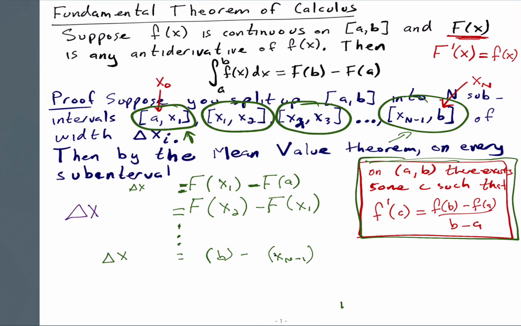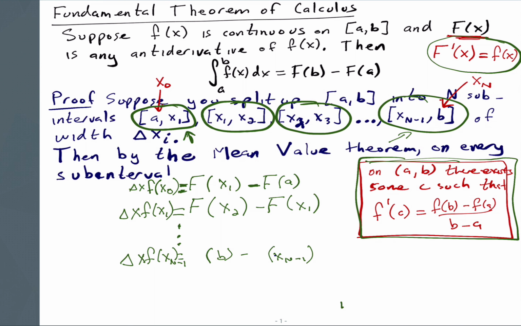But what is big F prime? That's a little f, right? Remember, capital F is the antiderivative. So if I have little f of x sub 0, little f of x sub 1, and then the last one, little f of x sub n minus 1. Does that make sense? Okay. Sorry about that. I just went the wrong way there for a minute.